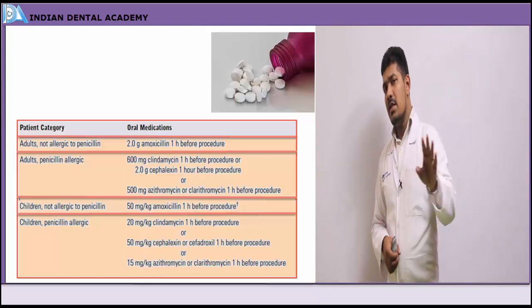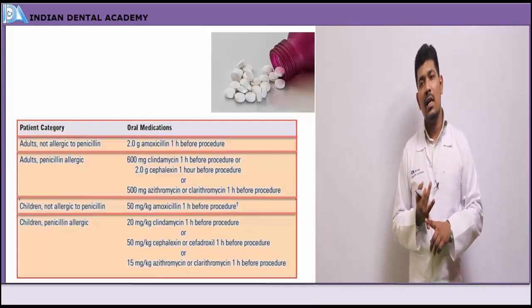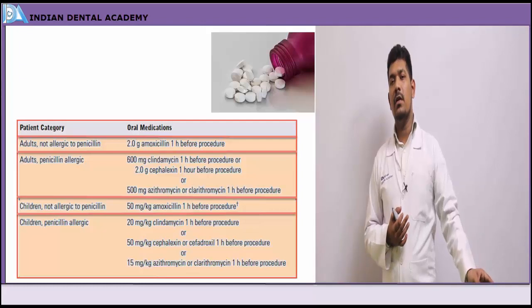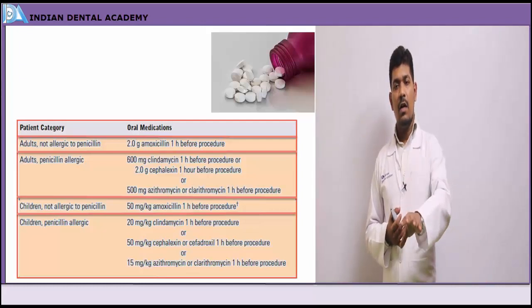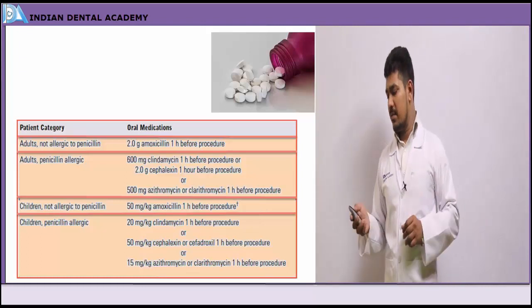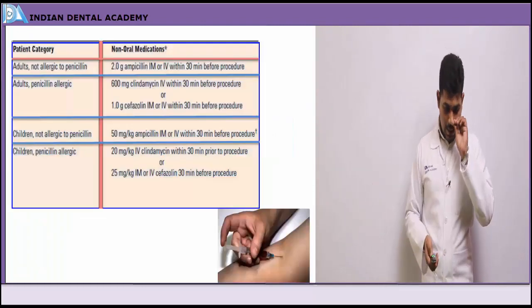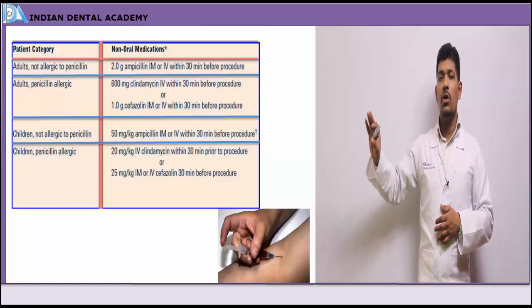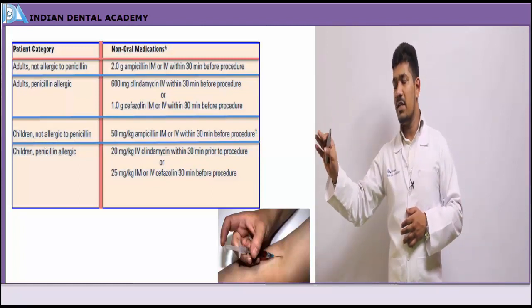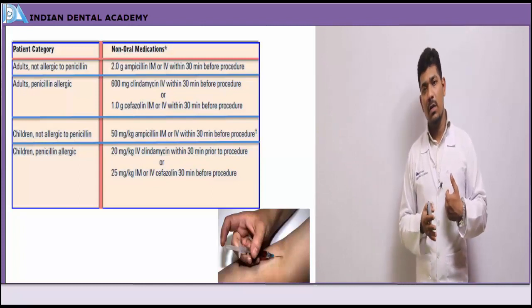Now, all these medications have to be given 1 hour before the procedure, so as to prevent any kind of infection transmitting from the oral area to the valvular areas. The same protocol and the same dosages hold good for patients who have to be given non-oral medications.